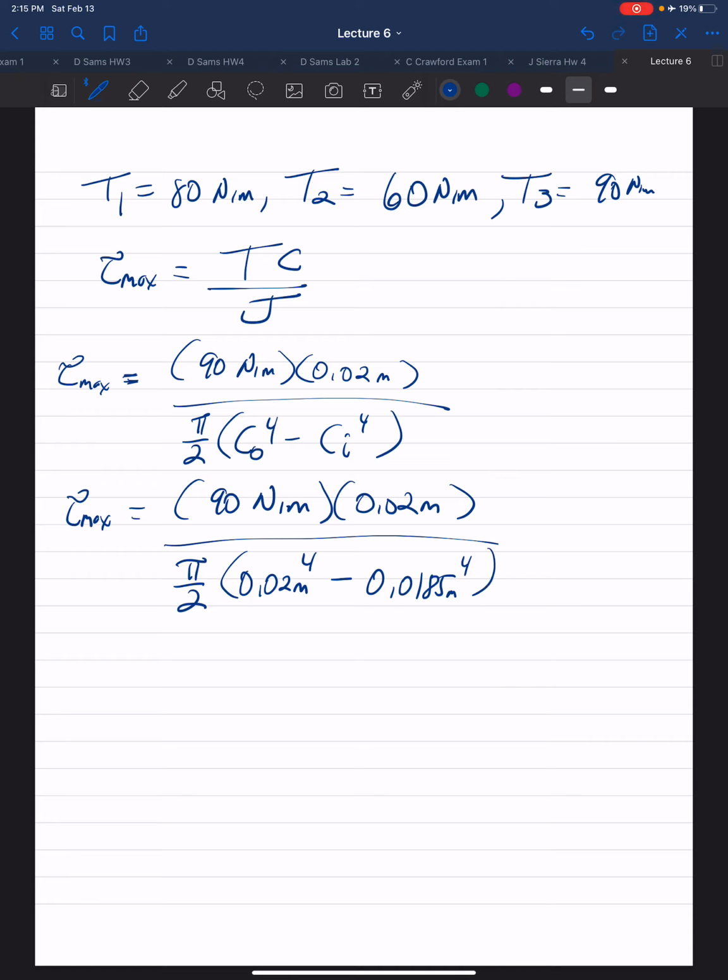Plug this in and solve. Your maximum shear stress is 26.7 times 10 to the 6 Newton per meter squared, which comes out to 26.7 megapascals.